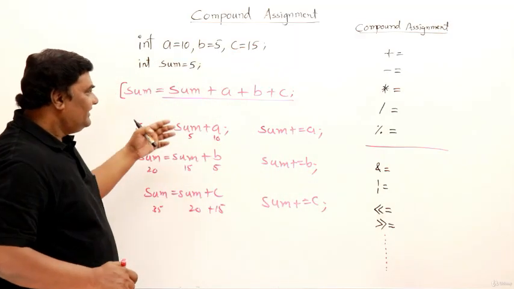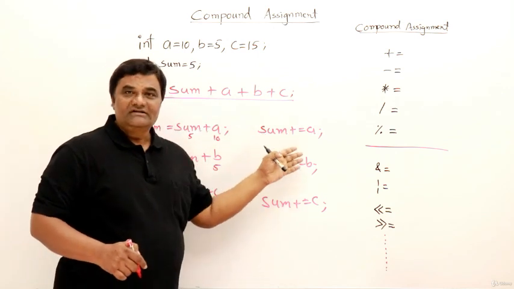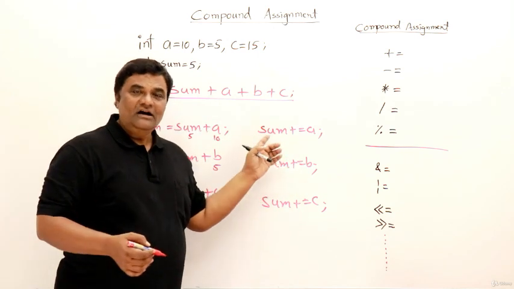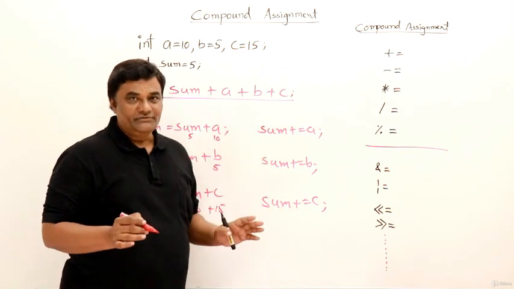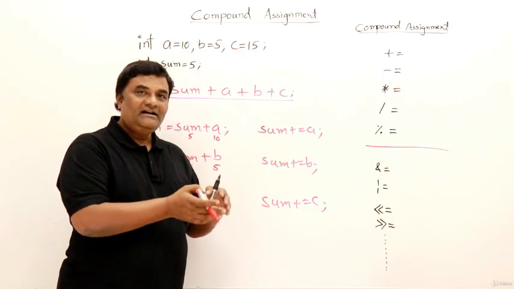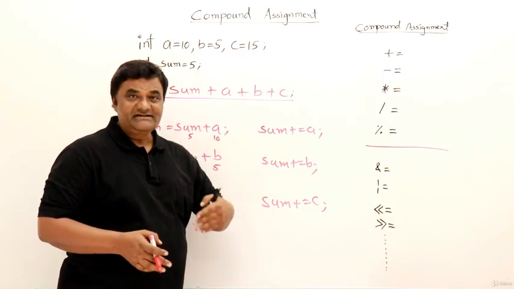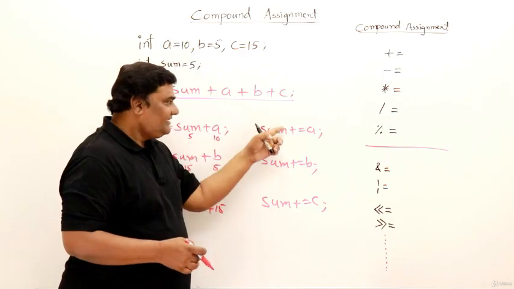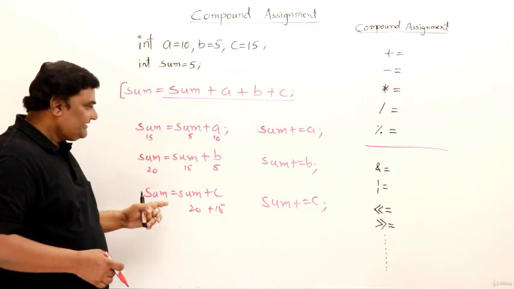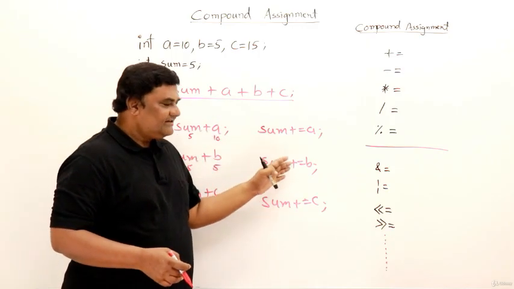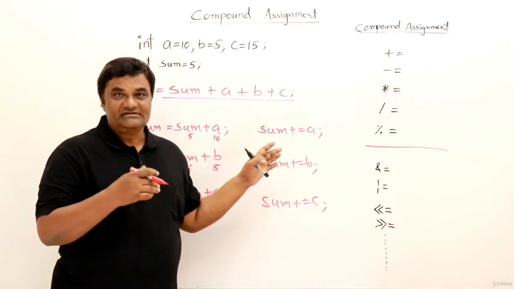I have broken them up to give you the idea of how this compound assignment operator is used. If you have to add more than one element repeatedly, we can go for this. Actually, we need a statement like this, and the same statement can be written like this. This gives more meaning and these are faster in C++.